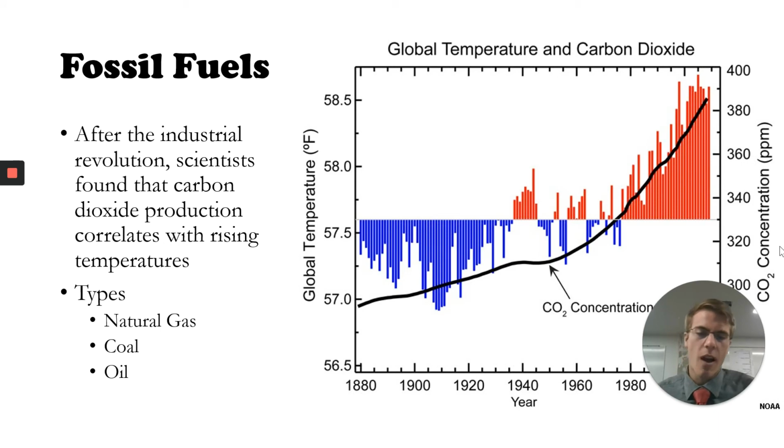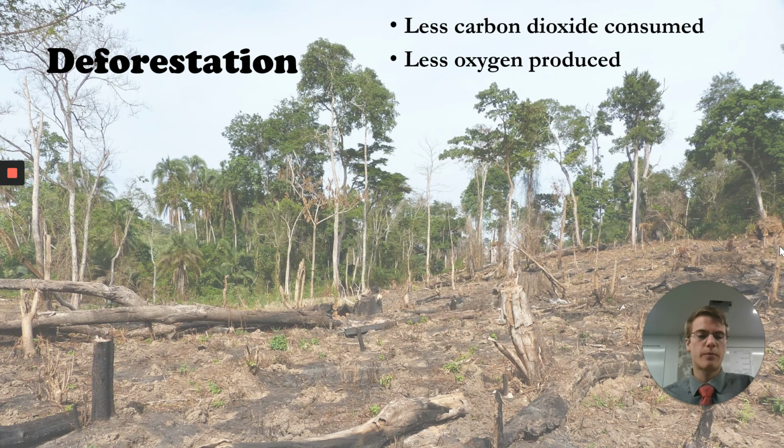If we look at this graph on the right, carbon dioxide levels increase in a correlating pattern with the global temperatures, right? So scientists have used this to make the conclusion that because we're producing lots of carbon dioxide through fossil fuels and deforestation, we're having an increase in global temperature.